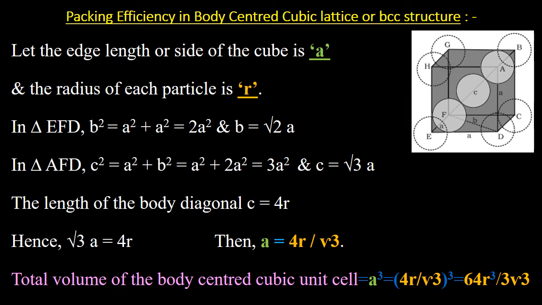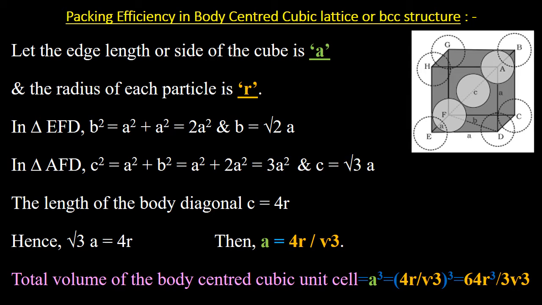Let us know how to calculate packing efficiency in body-centered cubic lattice or BCC structure. Let the edge length or side of the cube be small a and the radius of each particle be small r. On applying Pythagoras theorem, in triangle EFD, b square is equal to a square plus a square is equal to 2a square, and hence b becomes root 2a.